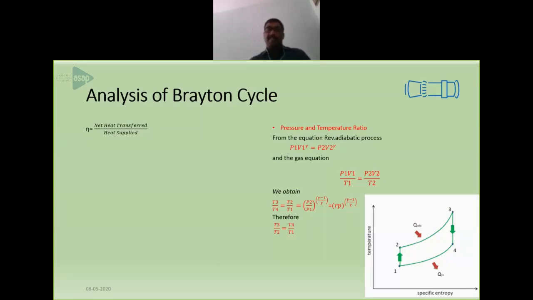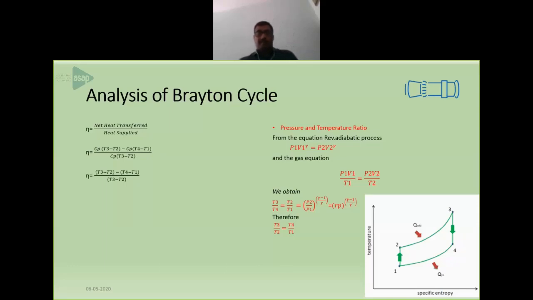So efficiency is equal to net heat transferred by heat supplied, which is equal to Cp into (T3 minus T2) minus Cp into (T4 minus T1), divided by Cp into (T3 minus T2). We have seen how this Cp into (T3 minus T2) and Cp into (T4 minus T1) are obtained in the last slide.